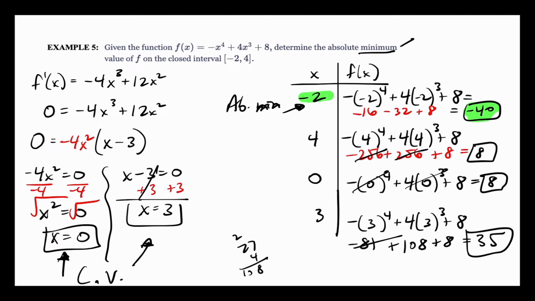So what is the absolute minimum value? -40. Where does that happen? At -2, -40. Okay. At the beginning of the interval. All right. Okay, we got one more left. One more.